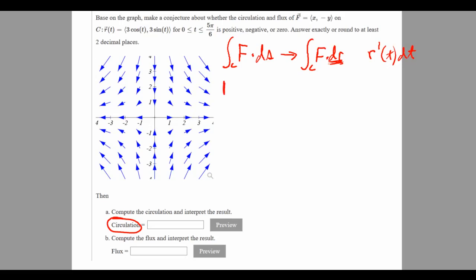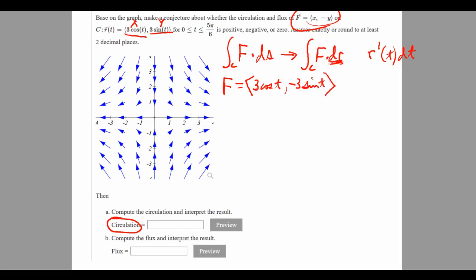So we need to convert our field from x's and y's into t's. So using the 3 cosine t for x and the 3 sine t for y, we'd have x, which is 3 cosine t, and negative y, which is negative 3 sine t.